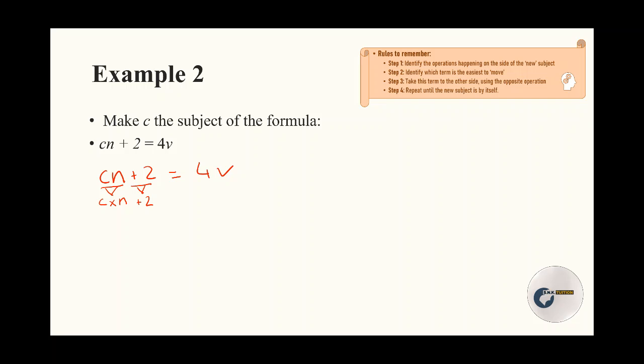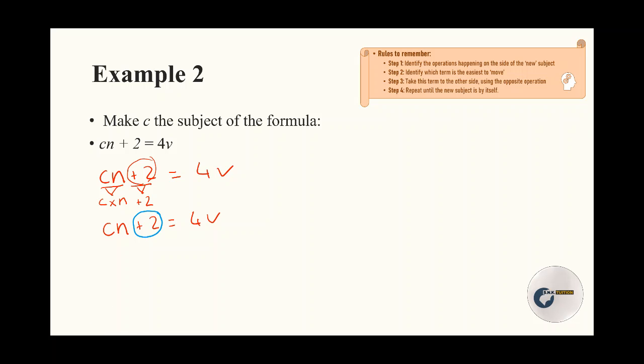Now it says identify which term is the easiest to move. Now to me it looks like the thing that it'll be easiest to move first is this plus 2 here. So underneath I'll rewrite it Cn plus 2 equals 4v. So I know that I want to move this.